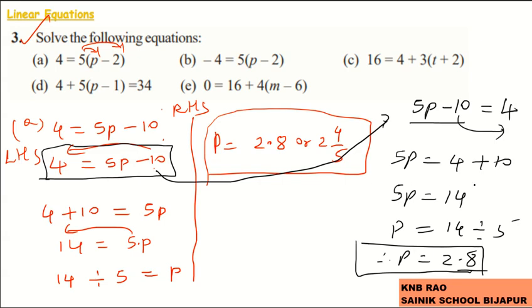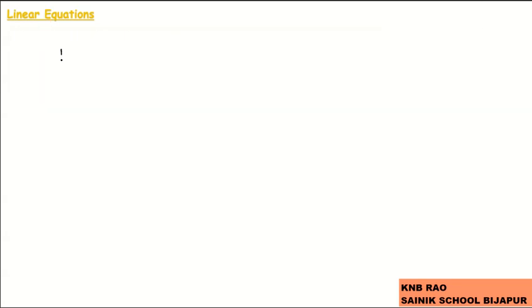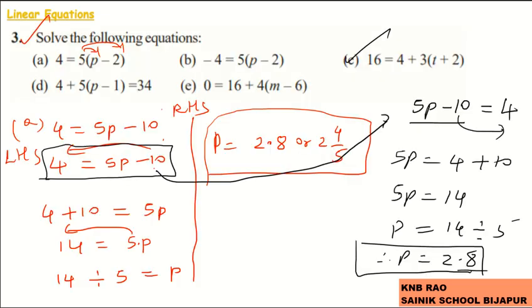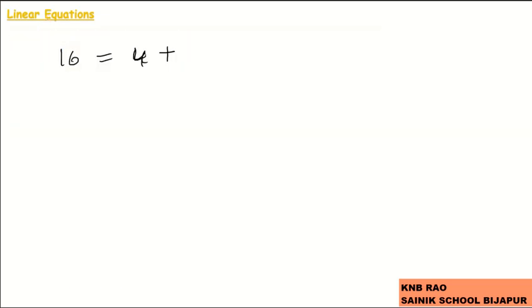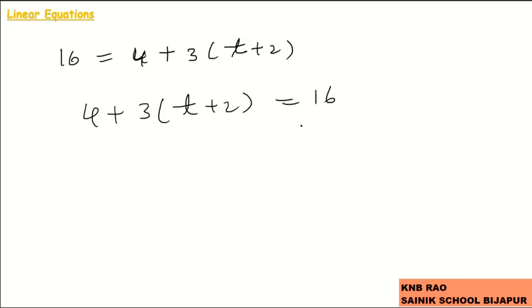I will solve one more question. Let me solve this question. 16 equals 4 plus 3 times of (t plus 2). Now, can I write it first as 4 plus 3 times of (t plus 2) equals 16?